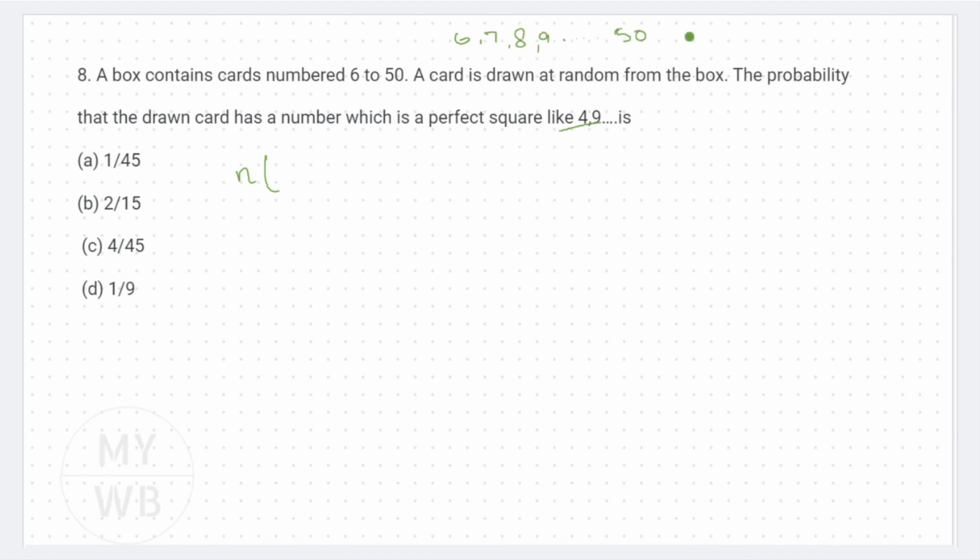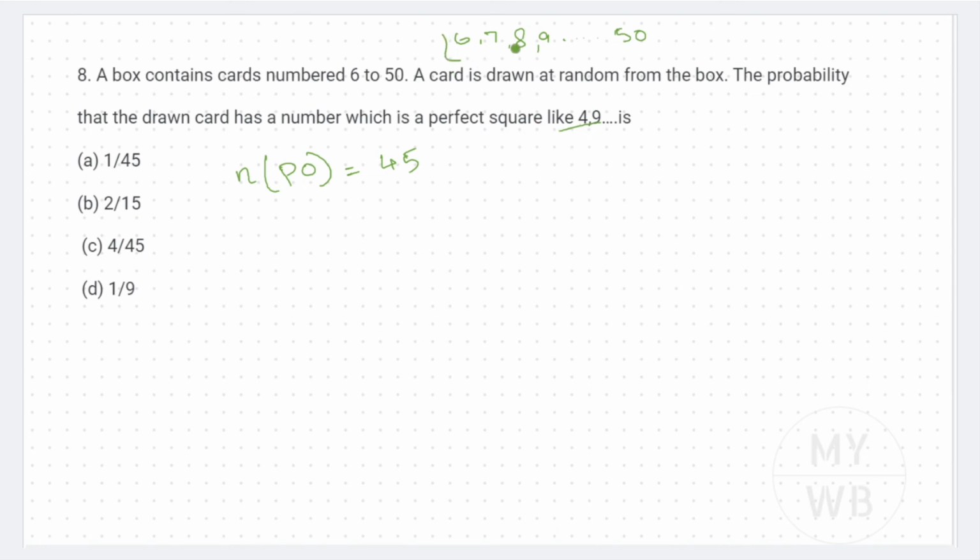So number of possible outcomes is total number of cards, which is 45.